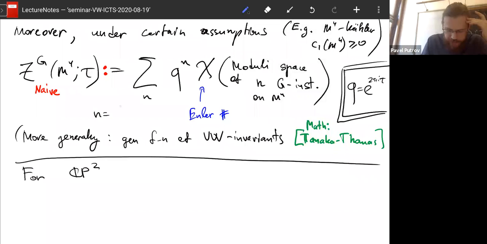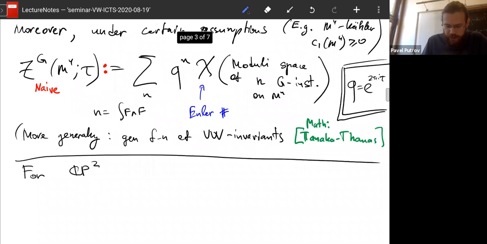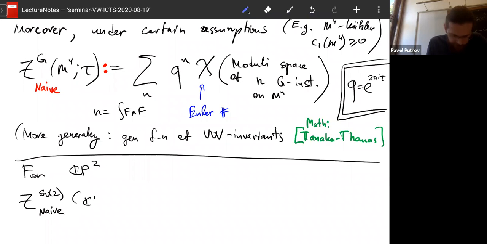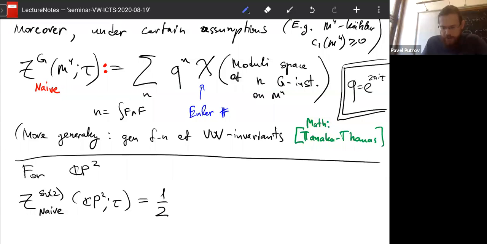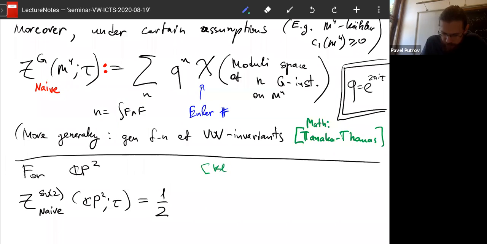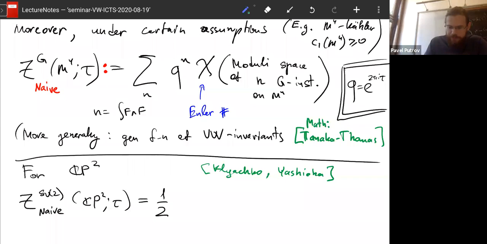If F is self-dual, then it's... So for CP2, if I use these formulas, the calculation of this moduli space of instantons was done in papers by Klyachko in the beginning of the 90s.